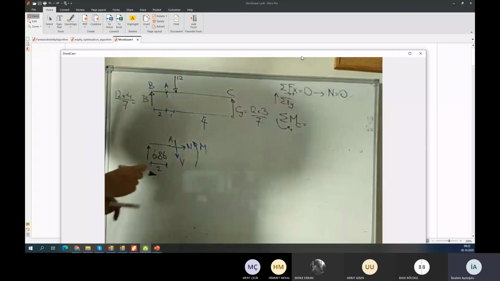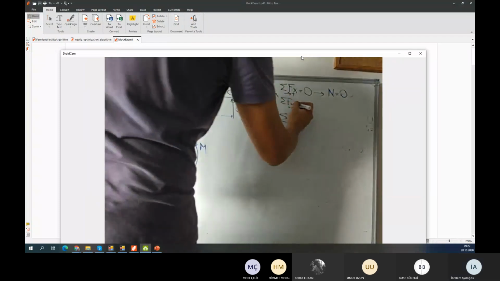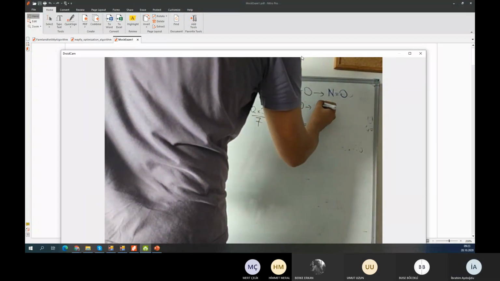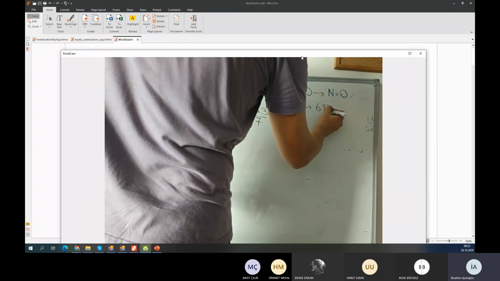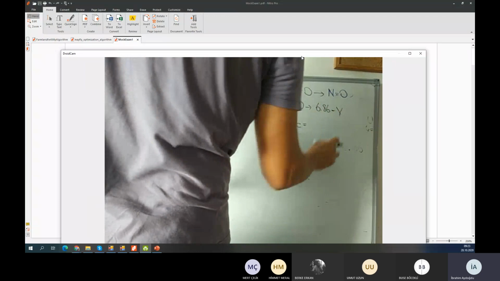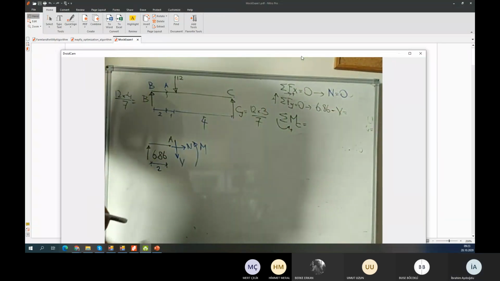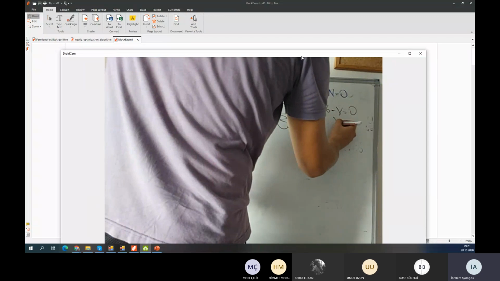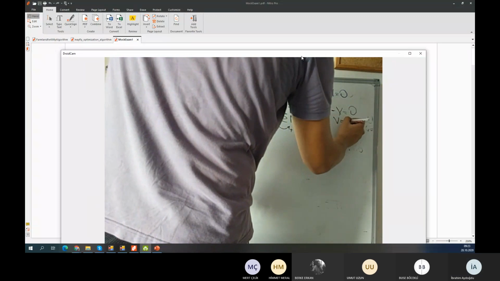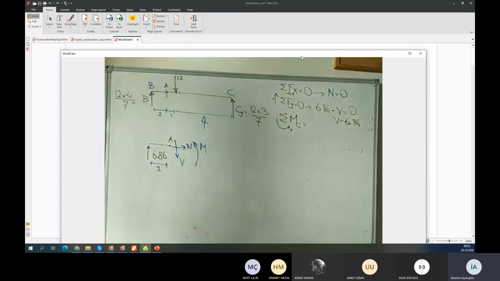You can see I'm taking this direction as positive. 6.86 minus V, the shear force, is equal to 0. So the shear force is equal to 6.86.